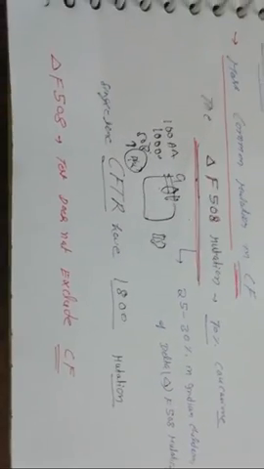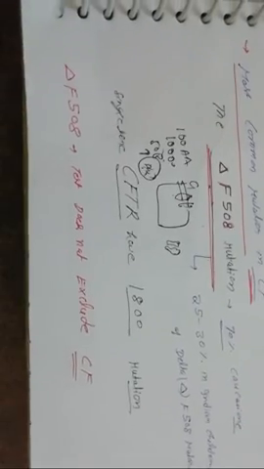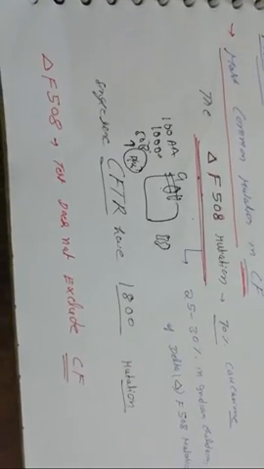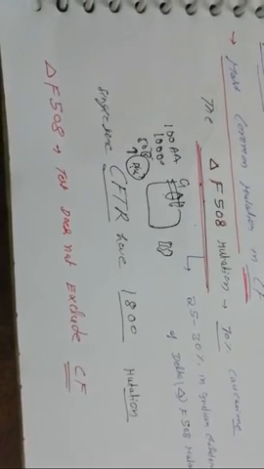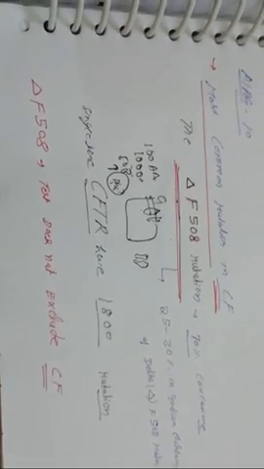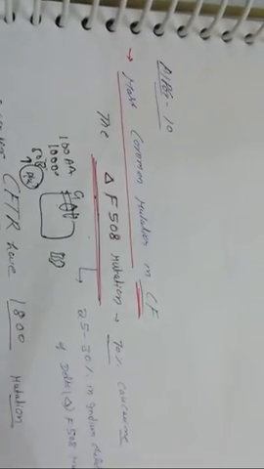So a negative delta F508 test does not exclude cystic fibrosis. If there is no delta F508 mutation, it does not exclude cystic fibrosis. It can be other causes also, but the most common mutation is delta F508.